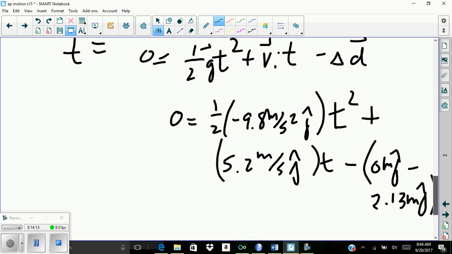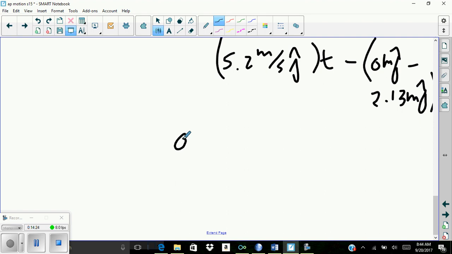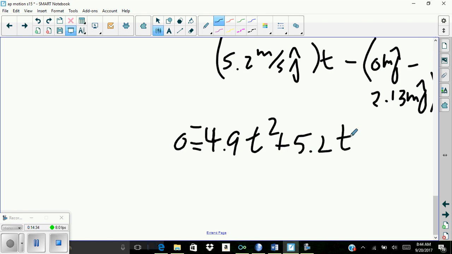Okay, so for A, it's going to be 0.5 times negative 9.8. And so the t squared term, so I have 0 equals negative 4.9 t squared plus 5.2 t plus 2.13.